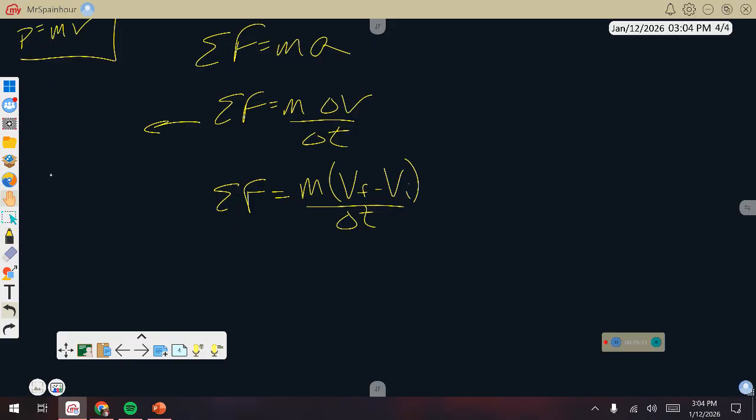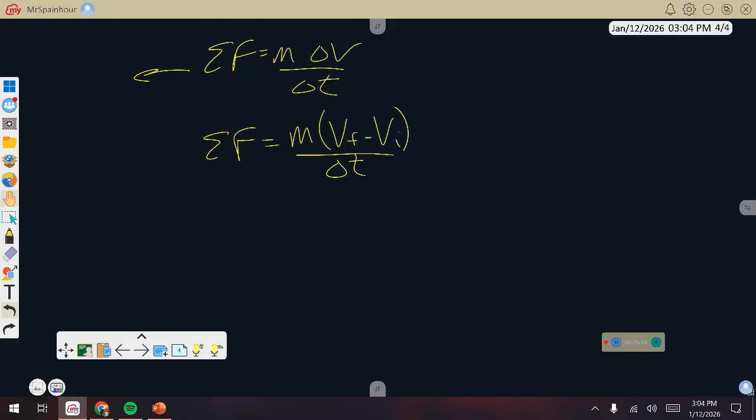Next thing I'm going to do is multiply time on both sides. And while I'm multiplying time on both sides, I'm going to distribute this out. Mass times velocity final minus mass times velocity initial. And like we said a second ago, what is mass times velocity?